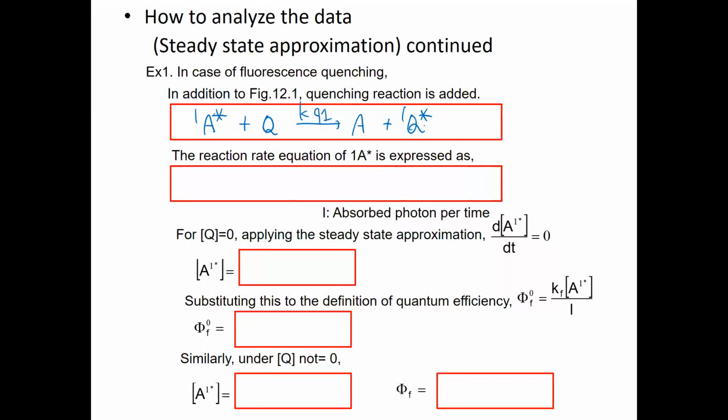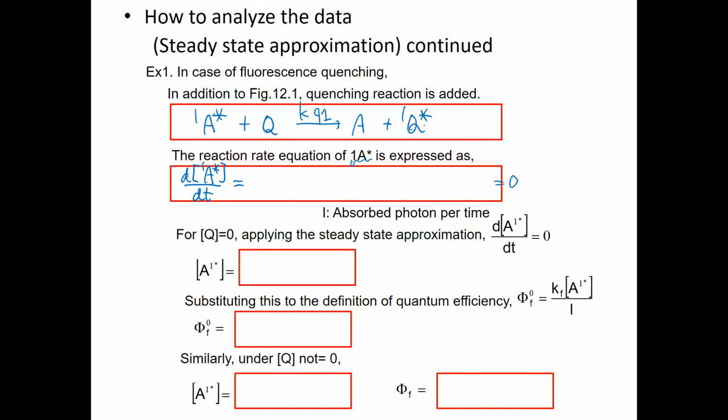And this 1A, the first singlet excited state, is an intermediate species. That's why during the light radiation, this concentration doesn't change during the reaction. That's why this change can be regarded as zero.